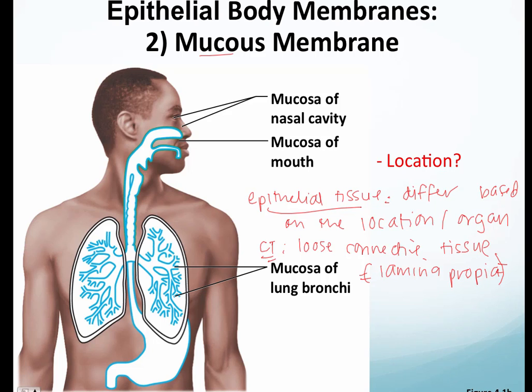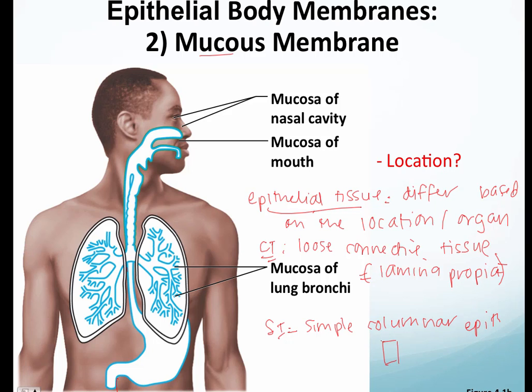Okay. And as an example, how does this differ between different areas? In our digestive tract, and so especially within our small intestines, we have simple columnar epithelium.